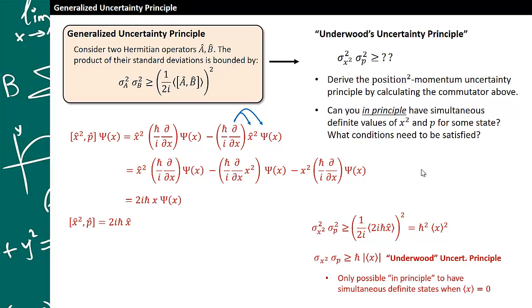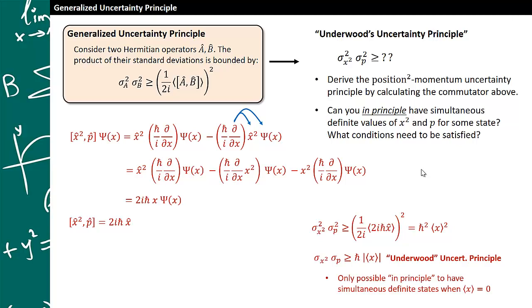In practice, it's very difficult to imagine a state that will have 0 uncertainty in both position squared and momentum, but you could, in principle, have a state that has zero uncertainty in position squared, or zero uncertainty in momentum, and then just something finite for the other variable. And so then the product is still equal to 0.